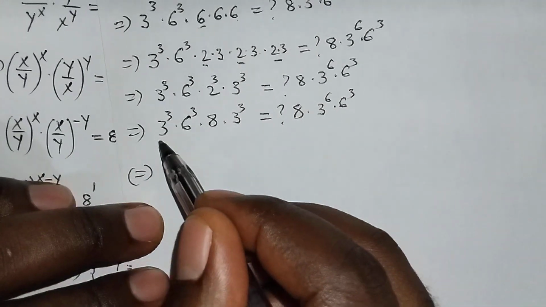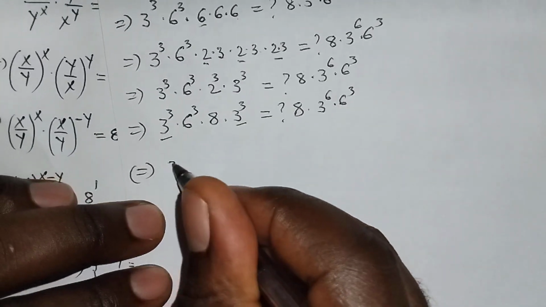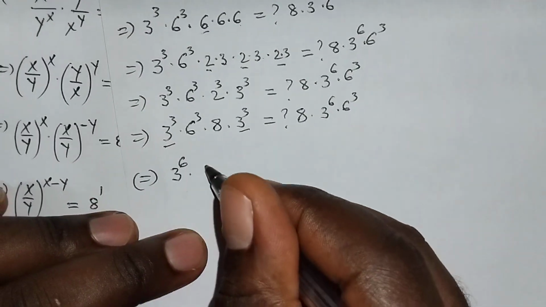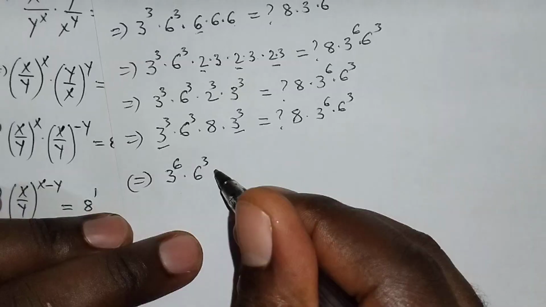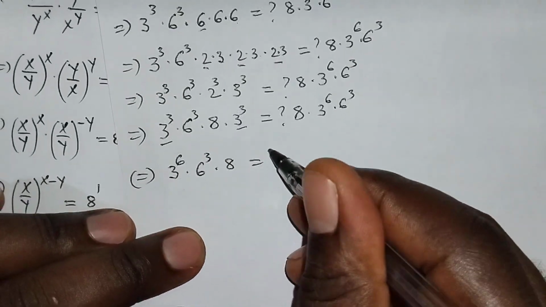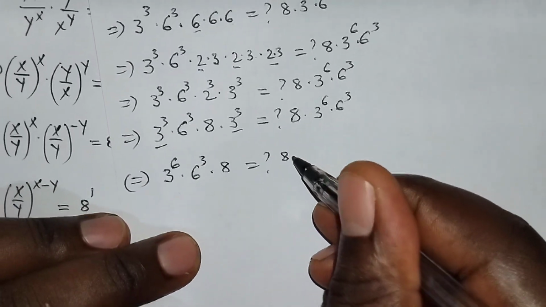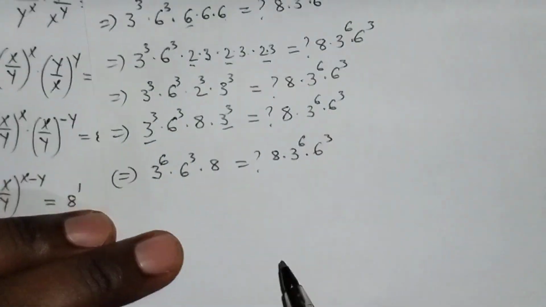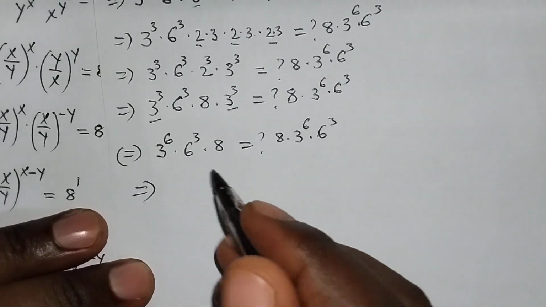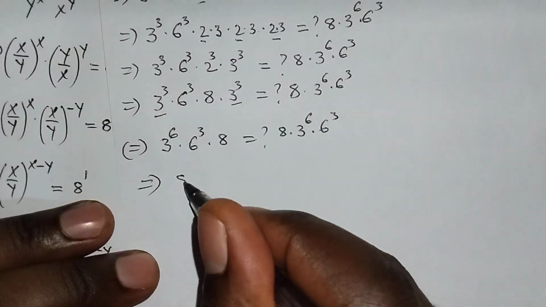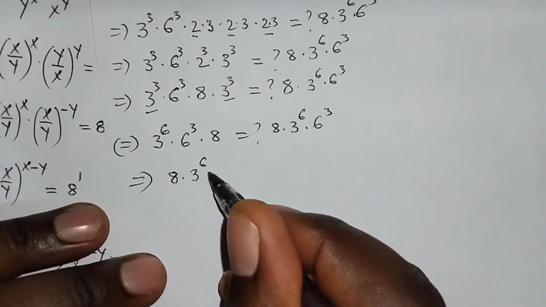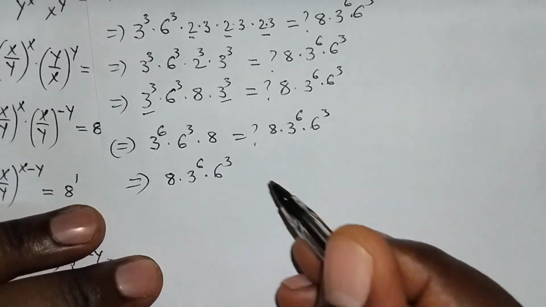So it is 3 power 3 and 3 power 3, it is 3 power 6 times 6 power 3 times 8. Is it equal to 8 times 3 power 6 times 6 power 3? So we write 8 times 3 power 6 times 6 power 3.